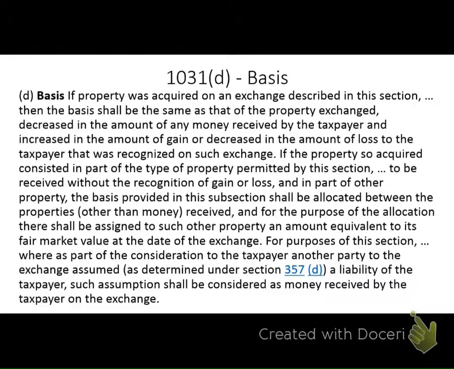So whatever gain we didn't recognize on that transaction, we would have realized it but not recognized it due to the non-recognition provision. Whatever gain we didn't recognize in the non-recognition transaction, we're going to preserve it in the new basis. So 1031D provides for a basis calculation in a non-recognition transaction. It's considered an exchange basis.